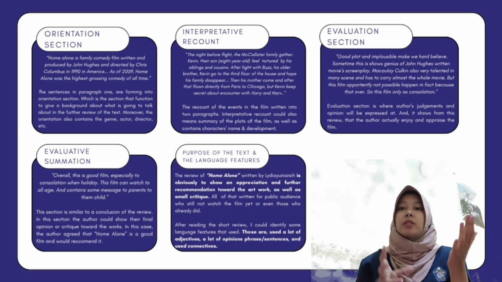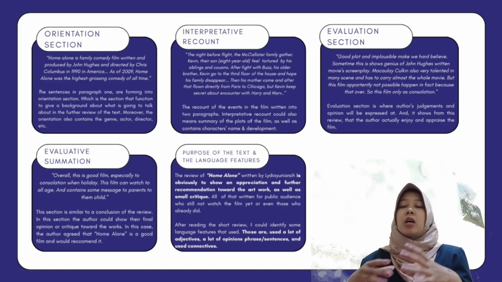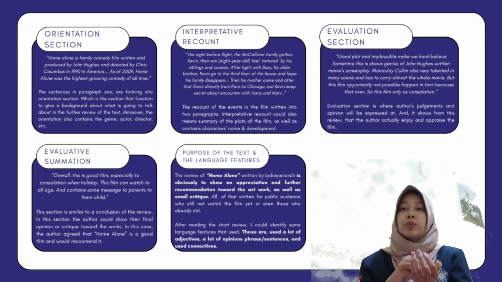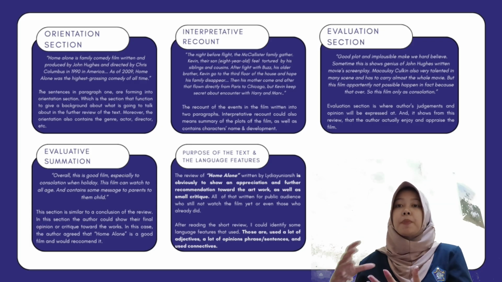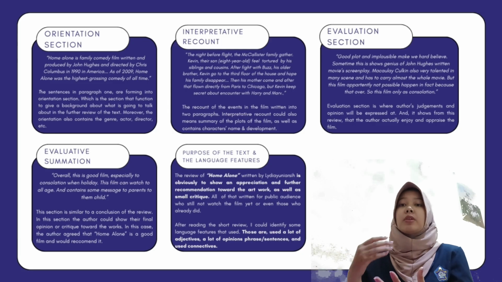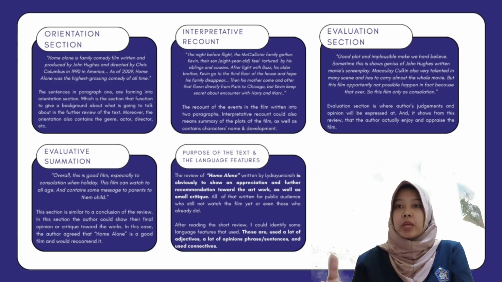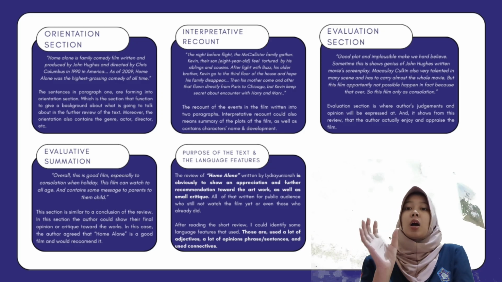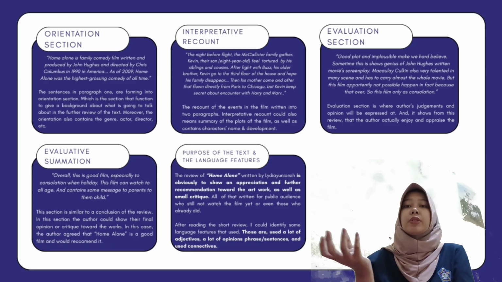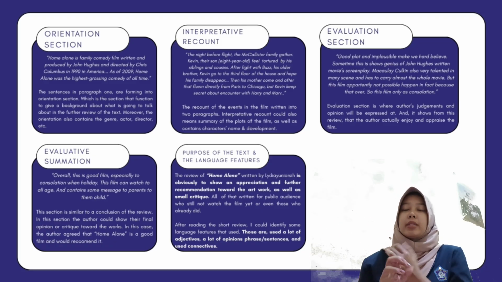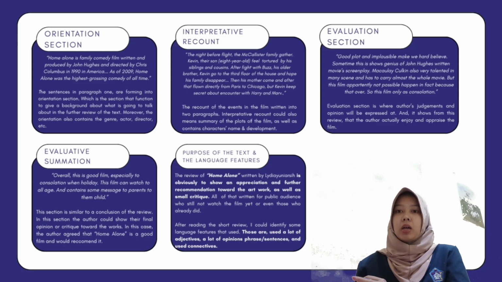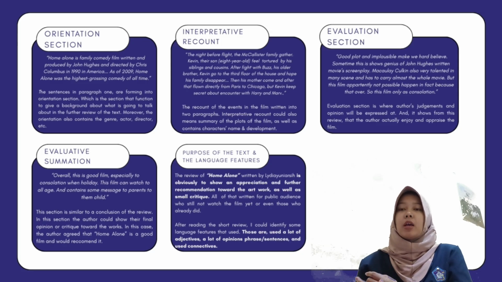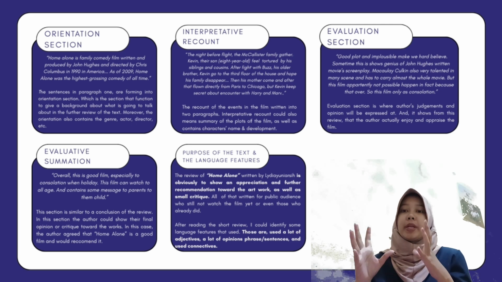So the purpose of the text is obviously that the author wrote this to show appreciation and further recommendation toward the artwork. So the author recommends everyone to watch Home Alone. And the language features I found are the use of adjectives and opinions.